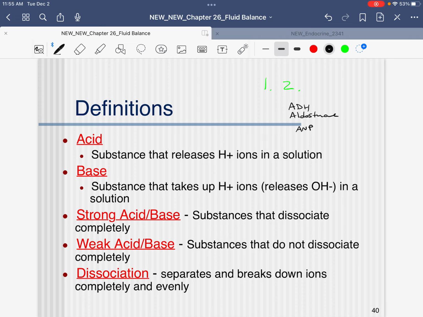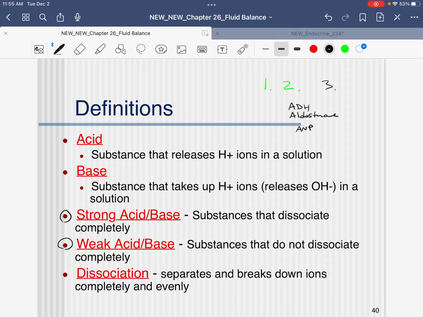All right, so here we are with our final part. Water balance, electrolyte balance, and now we get to acid-base balance. We ended off our last lecture in person talking about the definition of an acid and a base, so please review that. Now I want to add a couple things. Let's talk about a strong acid and a weak acid or base.